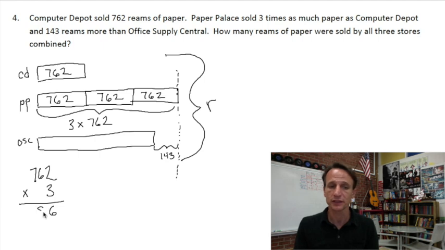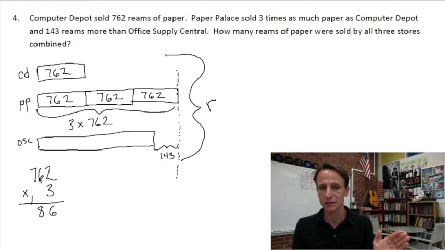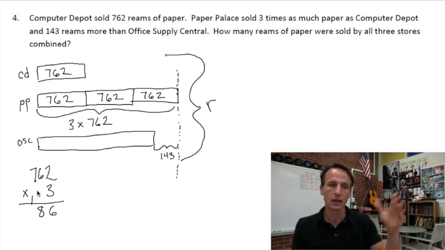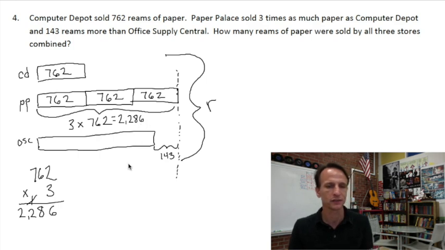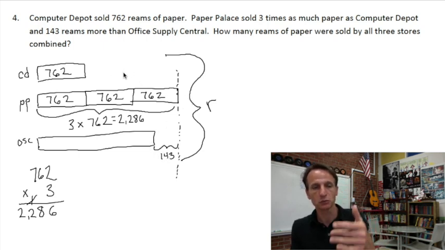So we place the 8, regroup the 1 over in the hundreds place. 3 times 7, 21, plus 1 is 22. Insert that comma. So this is Paper Palace. I like to keep track of stuff and not get confused. So that's 2,286 for Paper Palace.